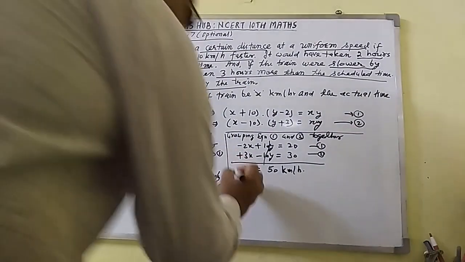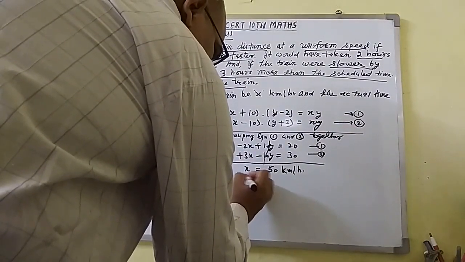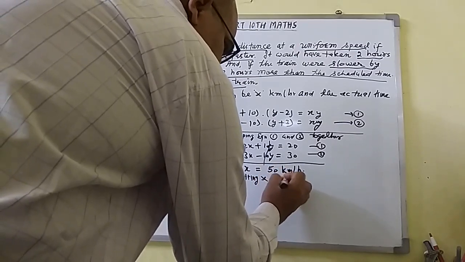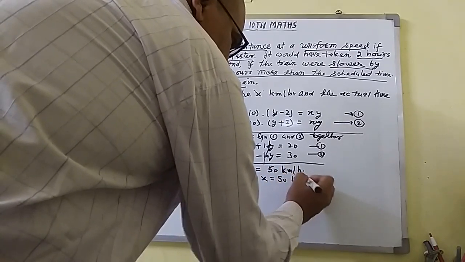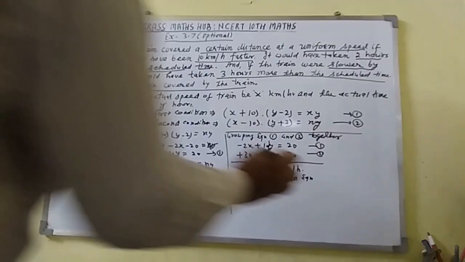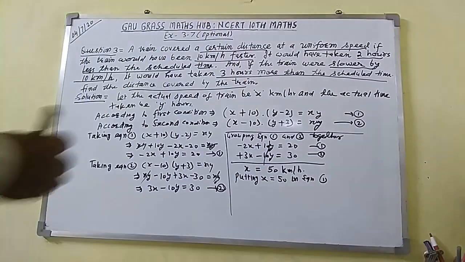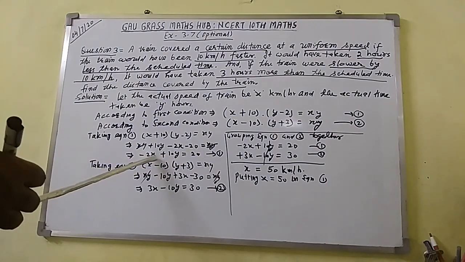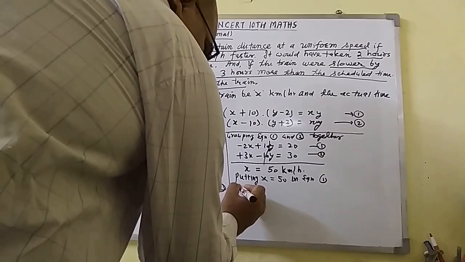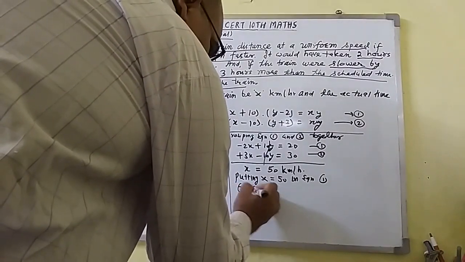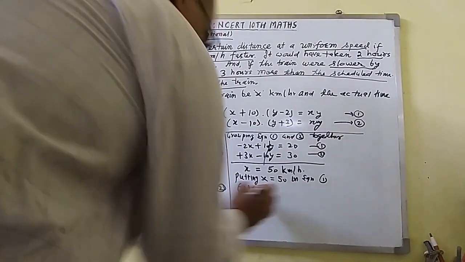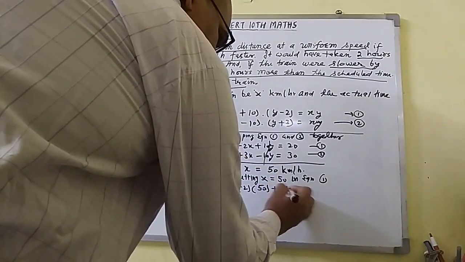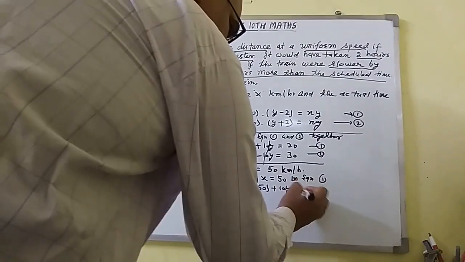Now what to do next? Putting x equal to 50 in equation number 1. This is equation number 1. If you put here x equal to 50, let us see what result comes. Minus 2 in one bracket, 50 in one bracket, plus 10y equal to 20.